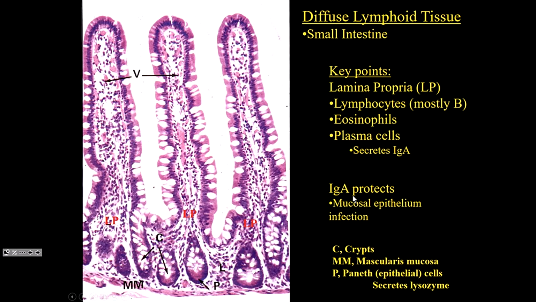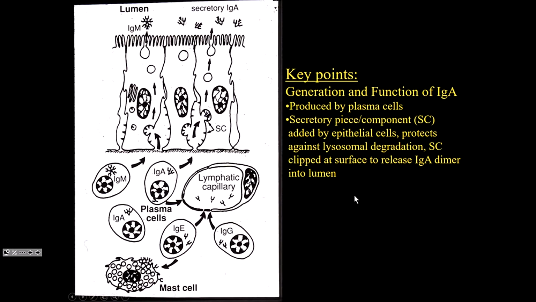So what happens is that B lymphocytes differentiating into plasma cells secrete IgA. And this IgA is taken up by, in this case, the lining of the GI tract, and they are transcytosed across the epithelium into the lumen of the GI tract.